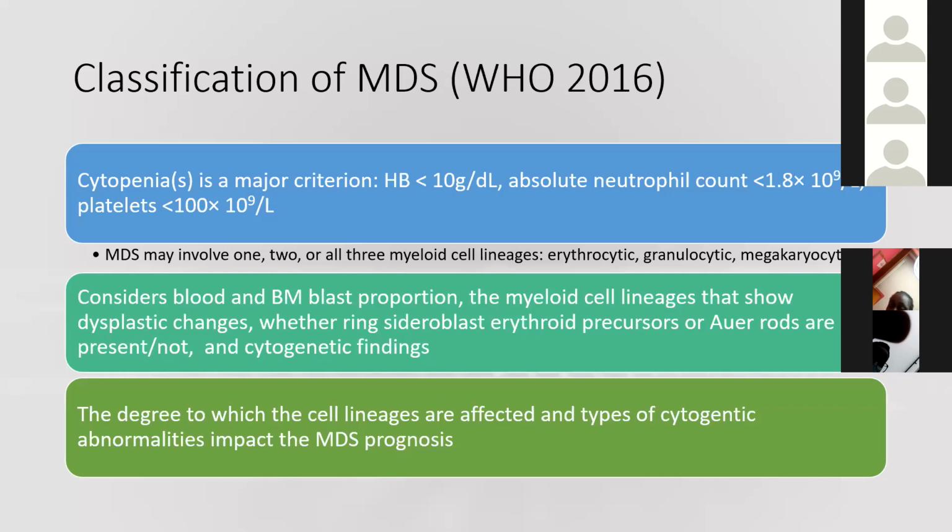And then there are others which have a dismal prognosis where, when diagnosed, expected lifespan may be just a few months. And some of those with the dismal prognosis have some of the higher rates of transformation to acute myeloid leukemia. Okay, so this is what the classification of MDS is based on.